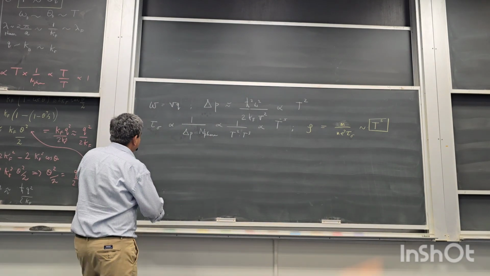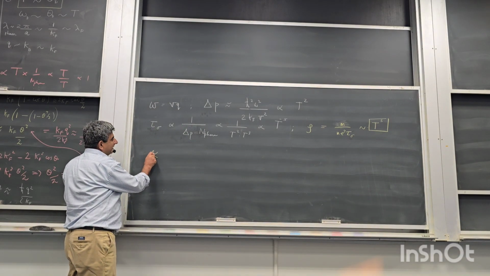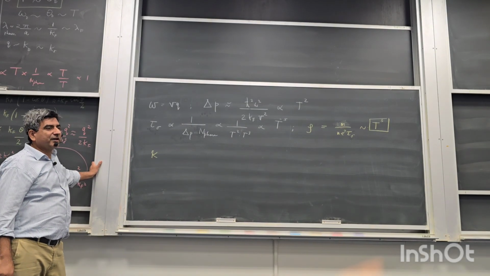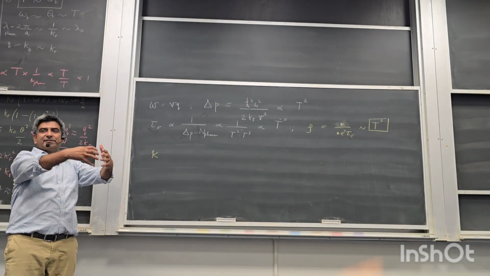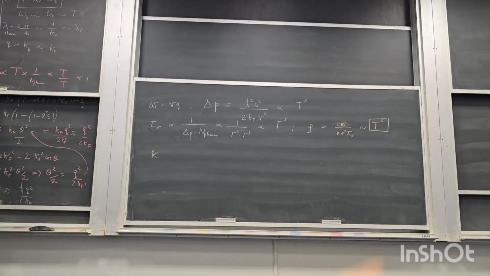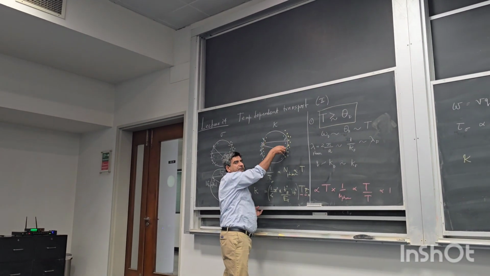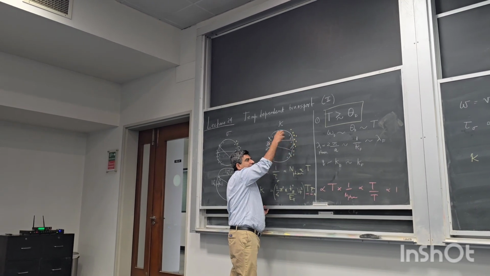And what about the thermal conductivity? The thermal conductivity does not need this long scattering event. Thermal conductivity can take place by the drama that is happening at the Fermi sphere, through these vertical processes.